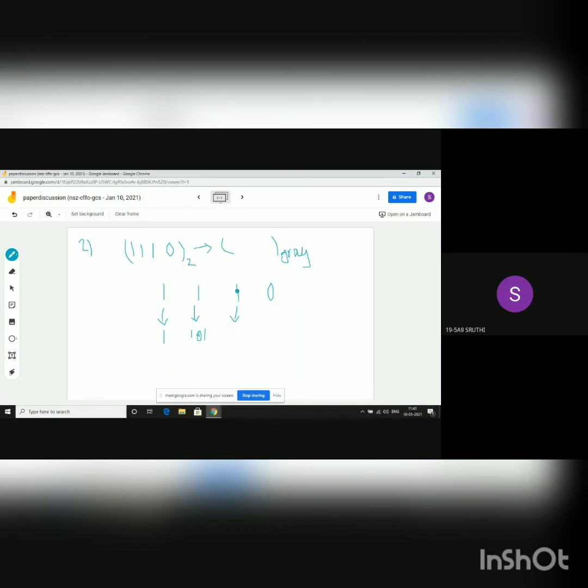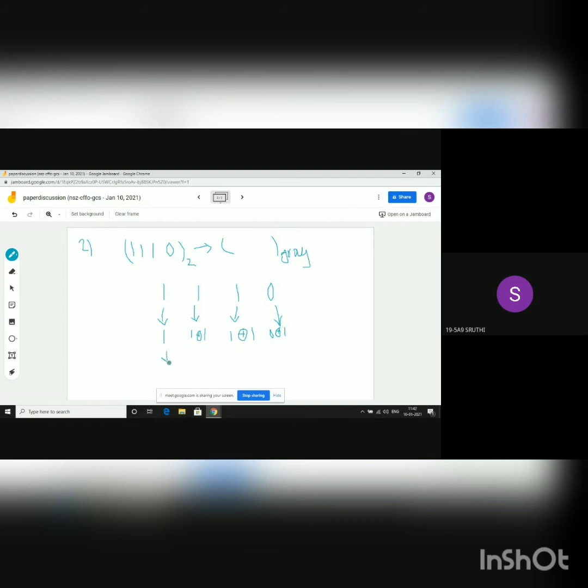Similarly, the third digit is XORed with the second digit. 1 XOR 1. Finally, the fourth digit is XORed with the previous third digit. That is 0 XOR 1.